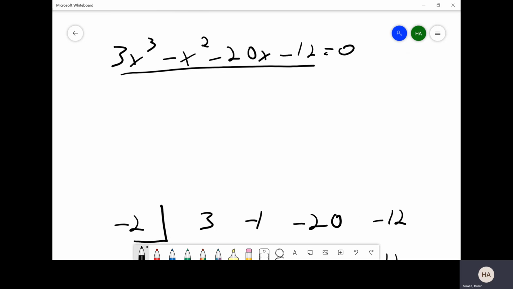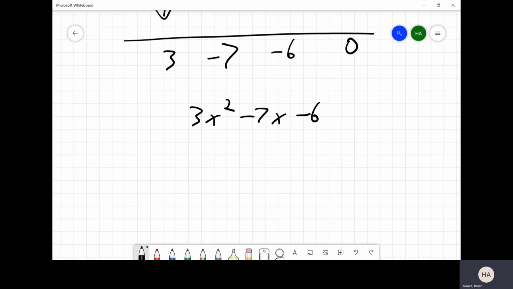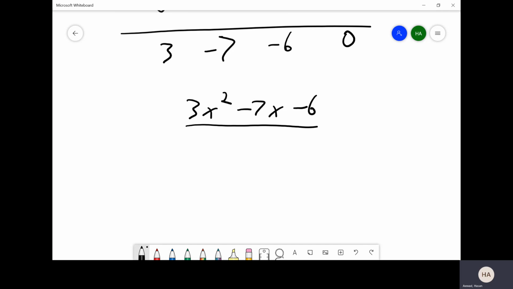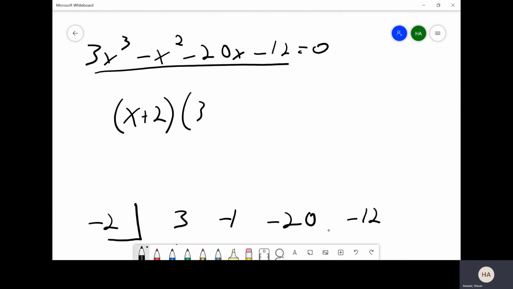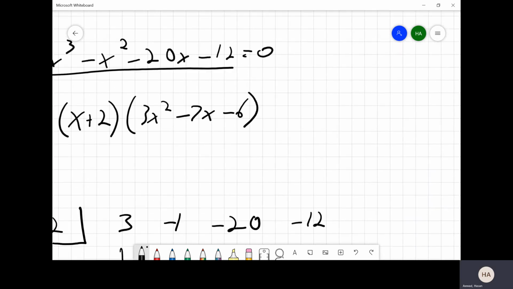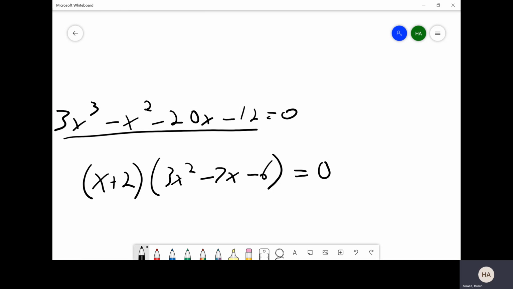We can rewrite this as our first given solution, the factor of x plus 2, times everything else that we just figured out. So when we take out x plus 2 from the larger polynomial, we're left with 3x squared minus 7x minus 6. Is that right? -7x minus 6? Perfect. Okay, is equal to 0.